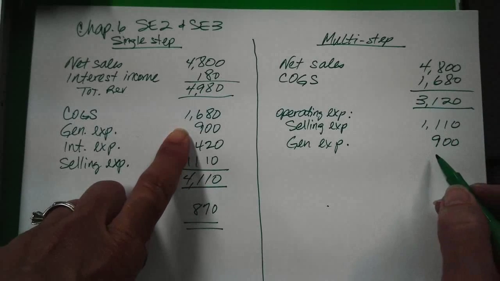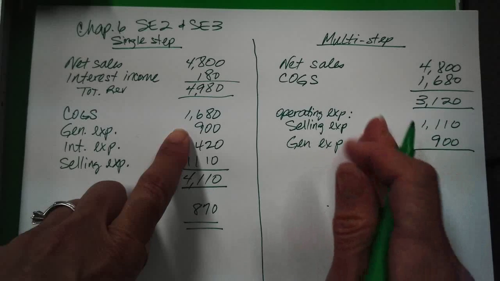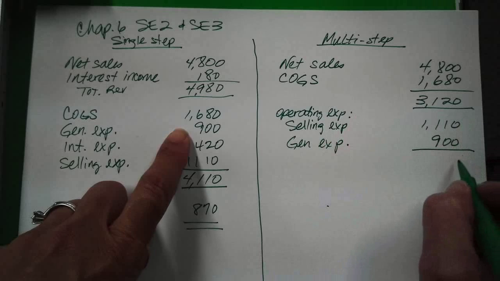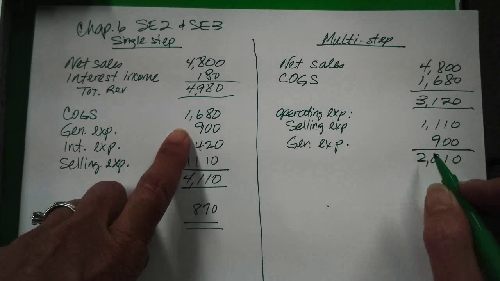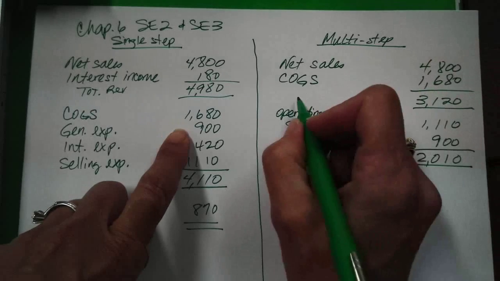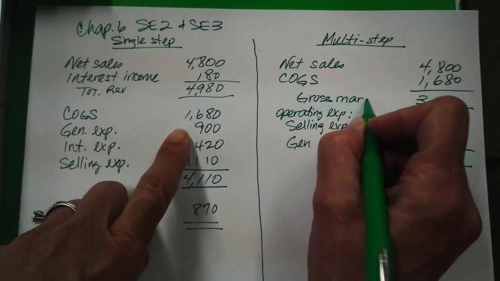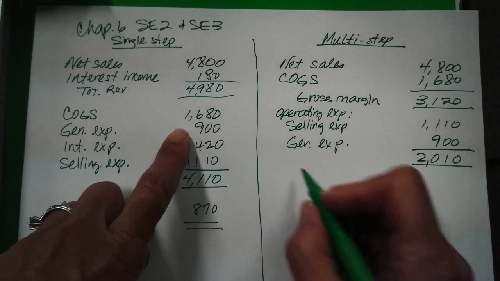You can have different kinds of subtotals. You can indent your expenses. You can single line after your subtotals. I don't care how you do it. You just have to have the right subtotal. This is gross margin up here, or sometimes they call it gross profit.